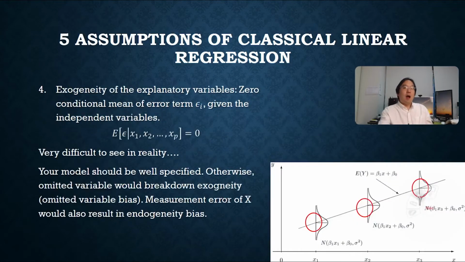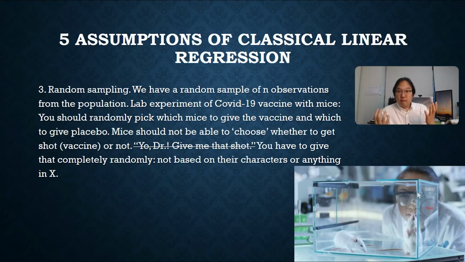And then it goes together with this idea as well. If you don't have that random sampling, you will have a serious problem called endogeneity. Endogeneity means the sample selection is determined within the system.